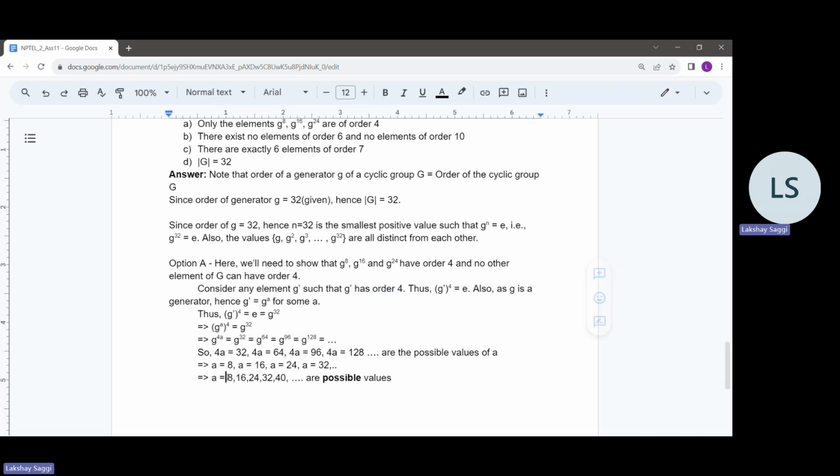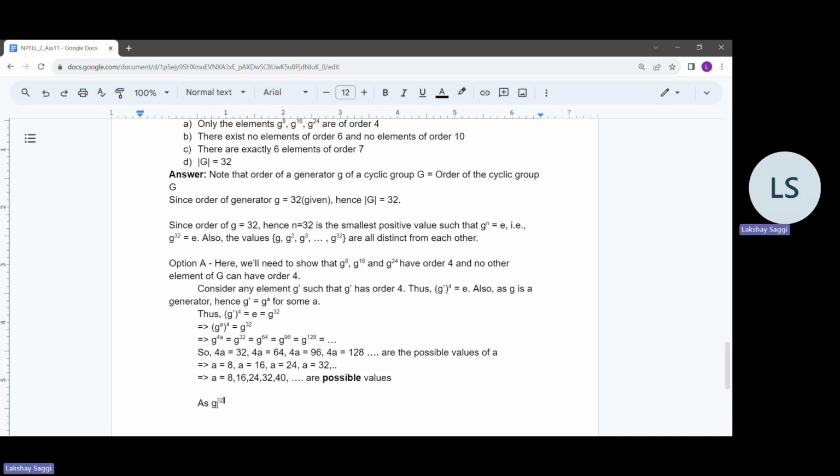So note that values after 32 are essentially useless because G raised to power 32 is essentially E. So G raised to power 40 will be nothing but G raised to power 8 itself. So these are the four main cases for us.